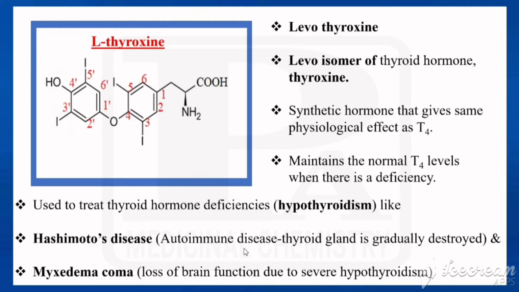That is the autoimmune disease where the thyroid gland is gradually destroyed. What is myxedema coma? That is a loss of brain function due to severe hypothyroidism. So what is the use of L-thyroxine? It is used to treat thyroid hormone deficiencies like Hashimoto disease and myxedema coma.